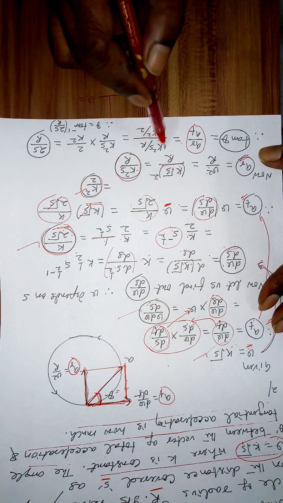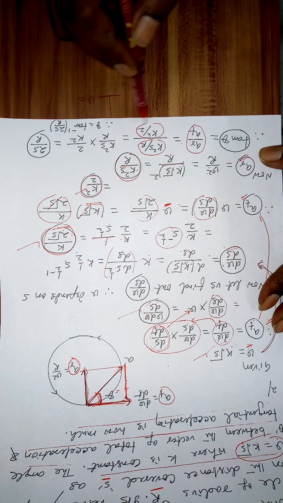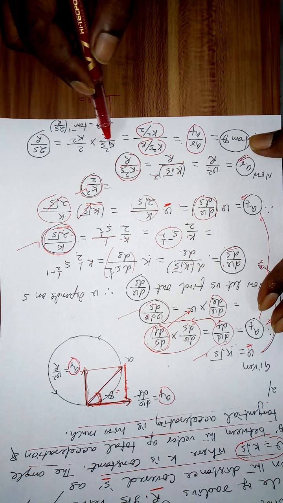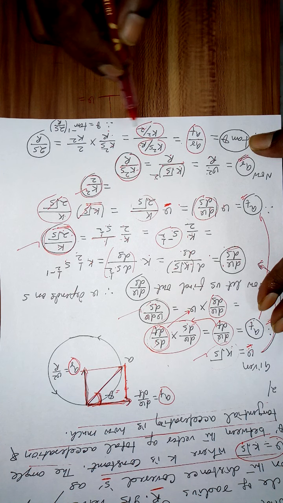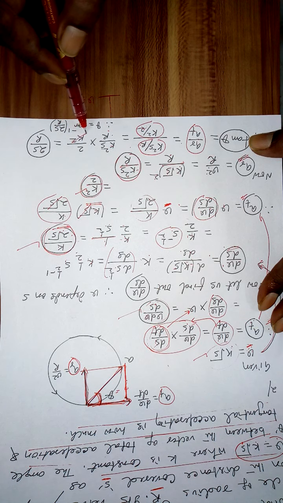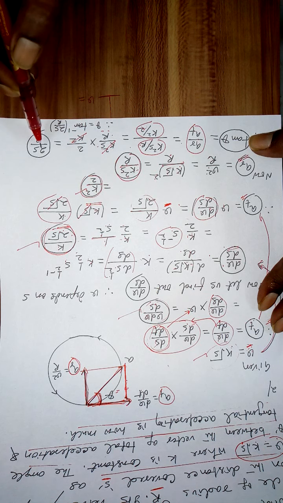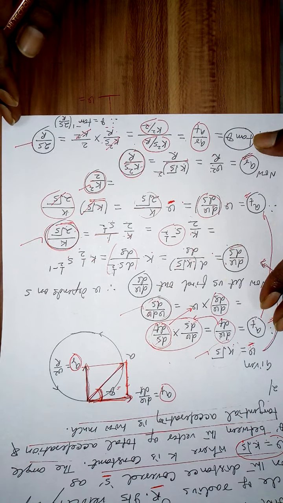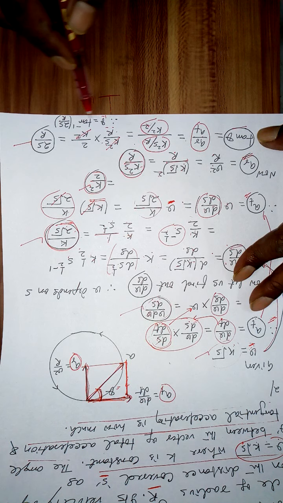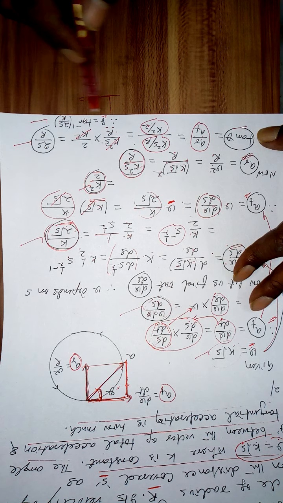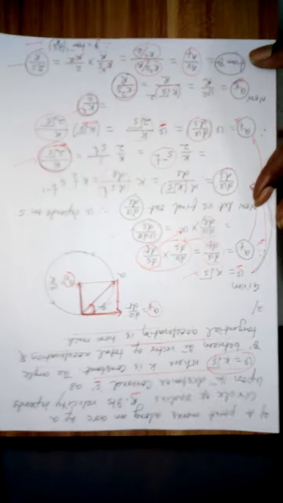I put the value of a_r, which is k squared s over r, and the value of a_t, which is k squared over 2. This 2 comes to the numerator, k squared cancels, and I have 2s over r. So your tan theta is 2s over r. So theta is tan inverse of 2s over r.